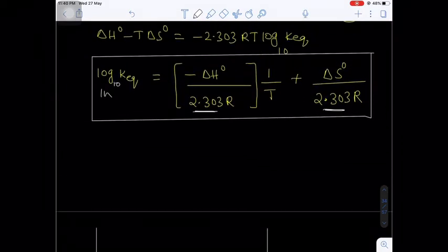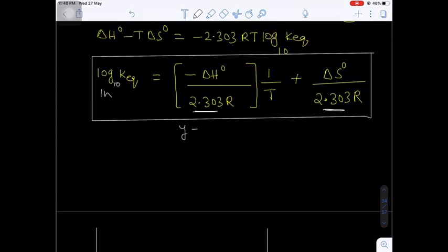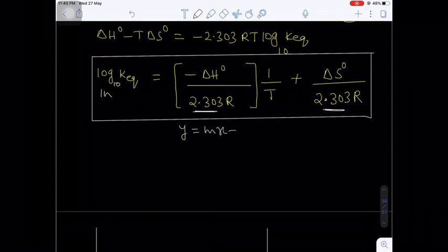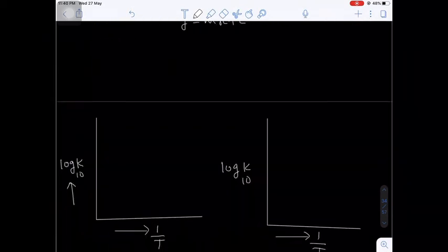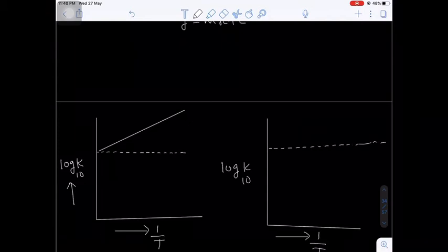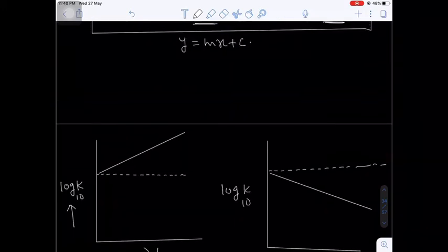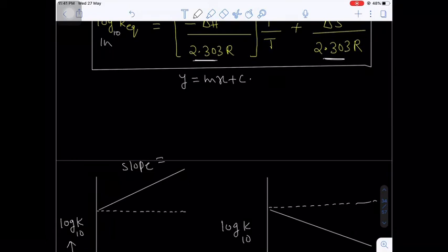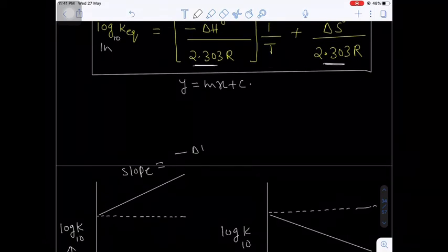Now here there are two types of reactions, number one exothermic, number two endothermic. Again this expression is considered as y is equal to mx plus c, a straight line. In the first case positive slope, whereas in the second case negative slope. What is the slope here?